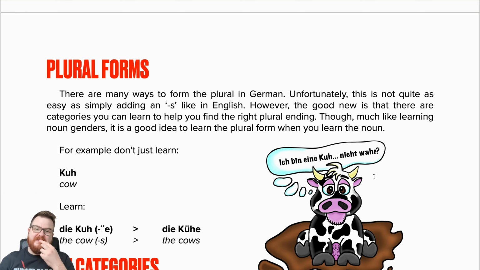Unfortunately, German doesn't quite work like this. So in English, about 95% of the time, we just put an S on the end of the word. In German, there are many different ways to make a noun plural, and you can't just pick and choose. Nouns fall into categories of how they become plural.